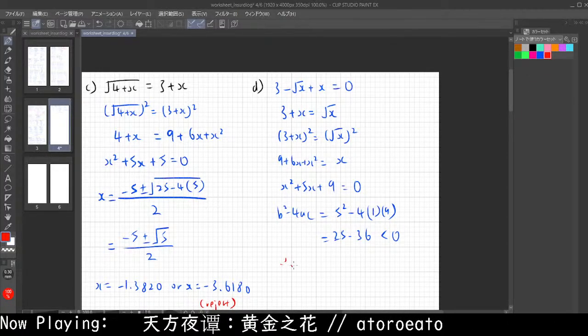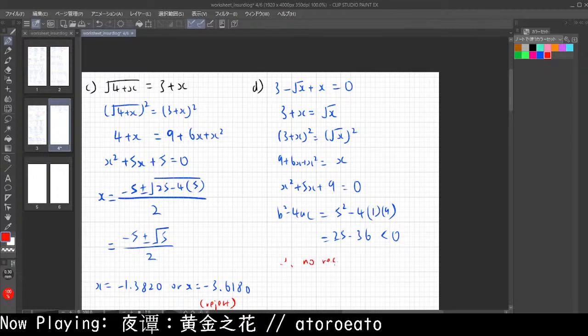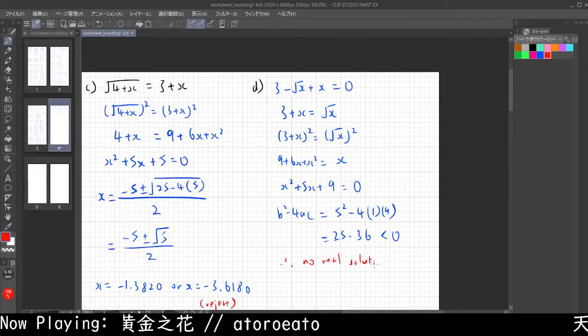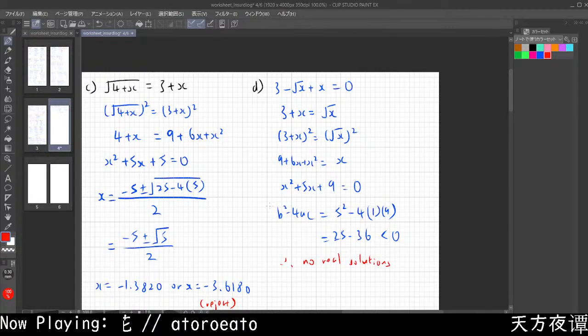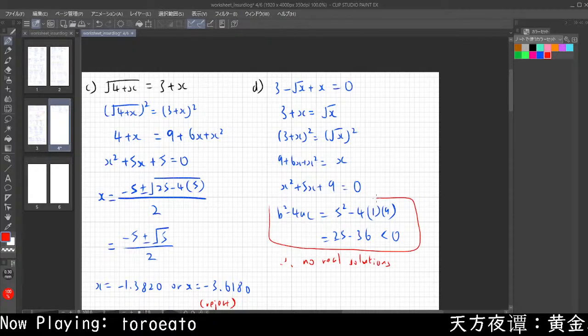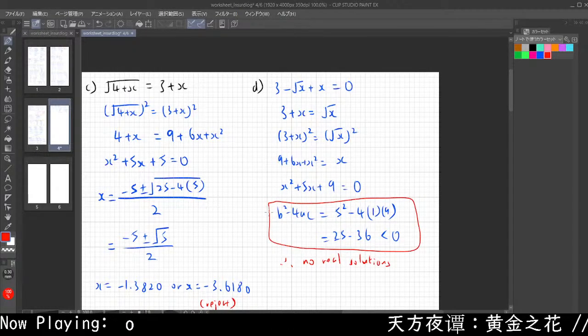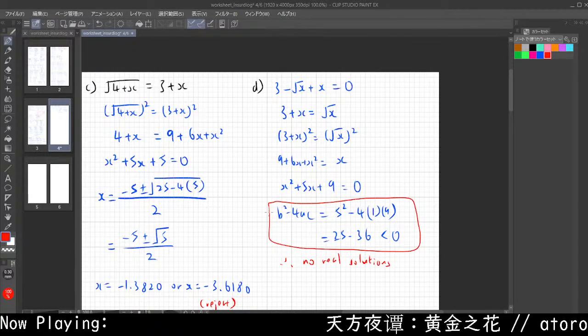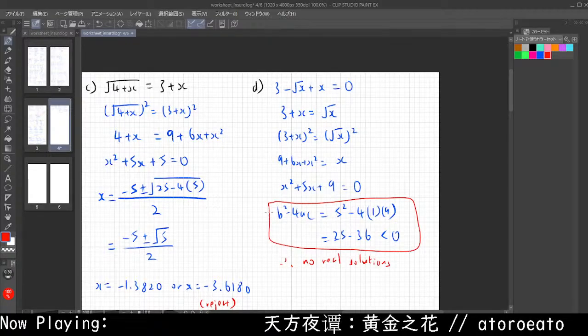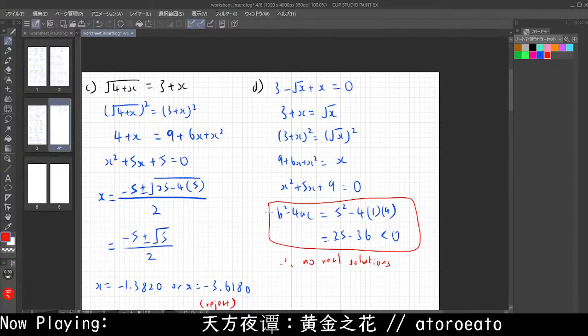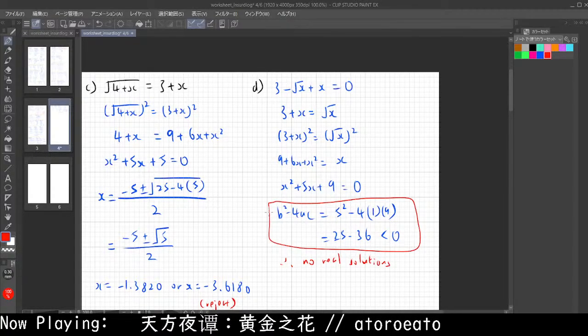So I will then wait. No real solutions. Writing this out is necessary because you have something to justify to me why you know that this has no real solution, because you use b squared minus 4ac to check.